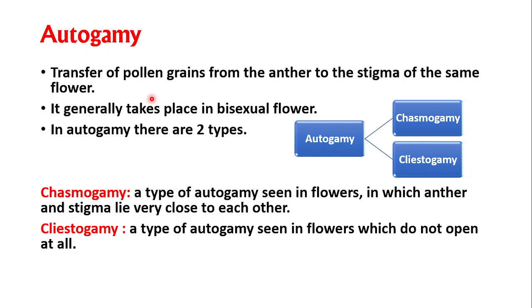If they have only stamens, they are called staminate flowers, and if they have only pistils, they are called pistillate flowers. So staminate flowers and pistillate flowers are the unisexual types.